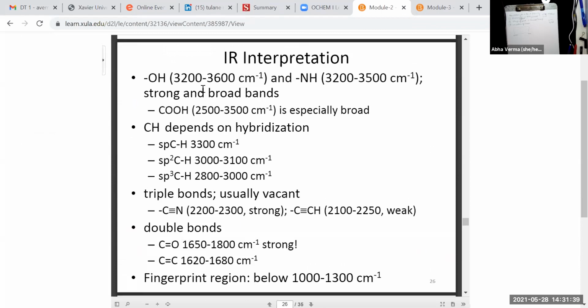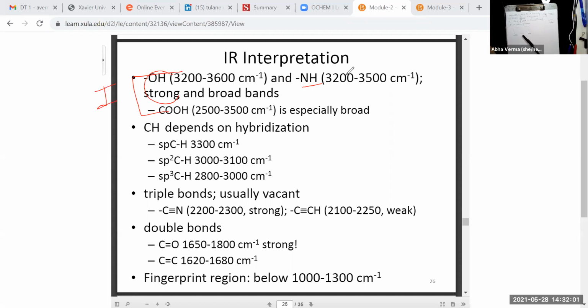So let's say that I say there is a peak at 3400. When I say there's a peak at 3400, you should know that it is either for the OH, NH, or the carboxylic acid. That is in region 1.